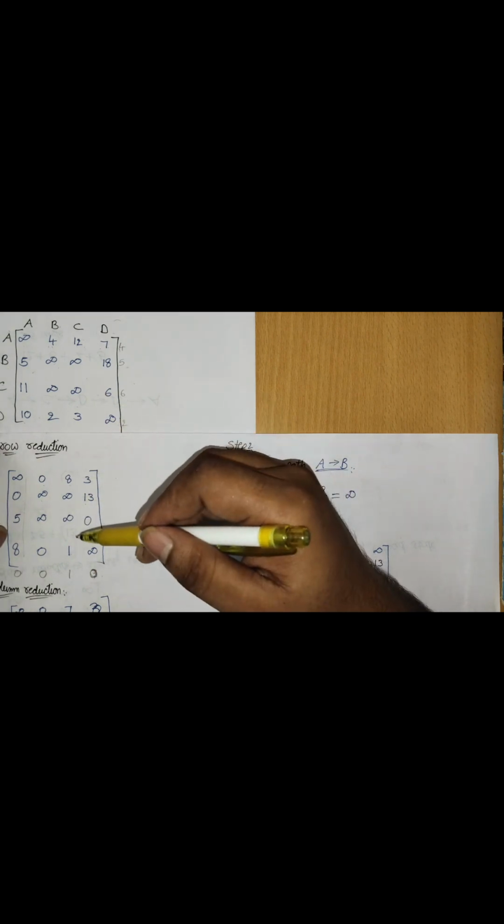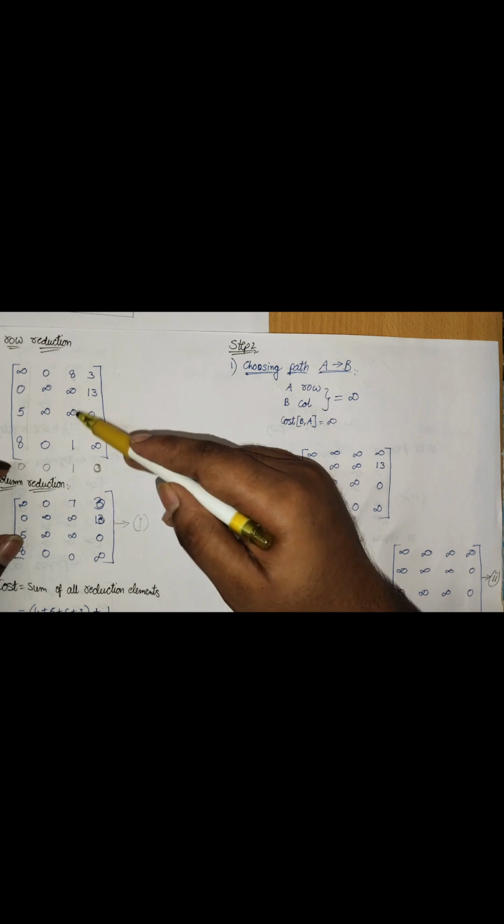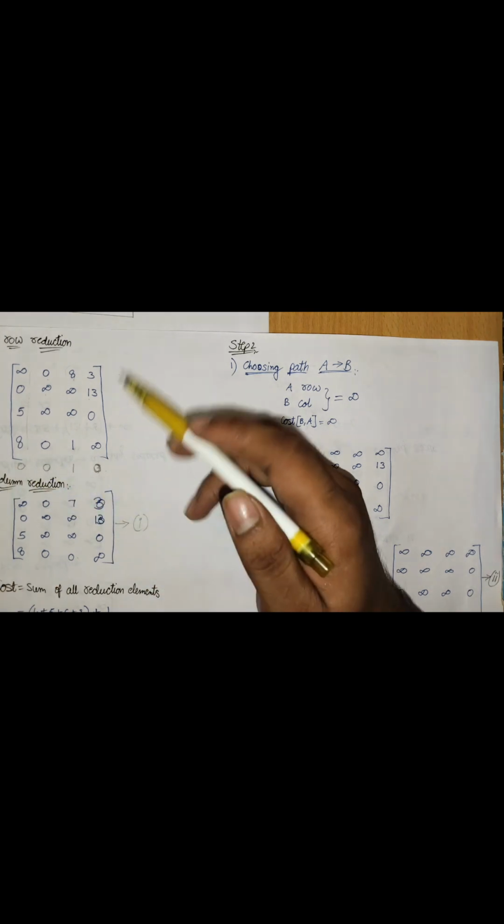So the only reduction you have to perform is in this third column. You have to subtract it with 1. See here, 8 minus 1 is 7, infinity minus 1 infinity, infinity minus 1 infinity, 1 minus 1 0. Rest of the columns remain same since the minimum element is 0.